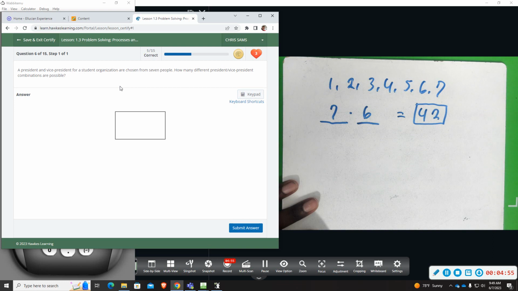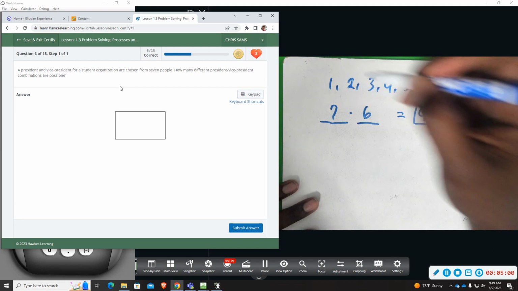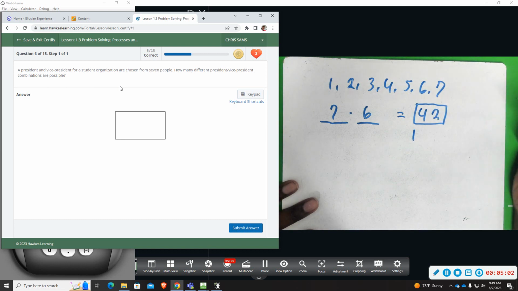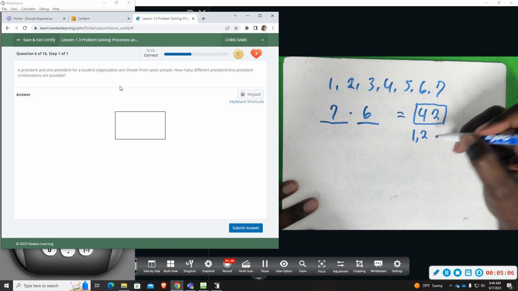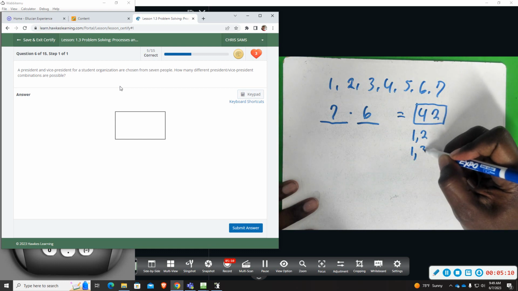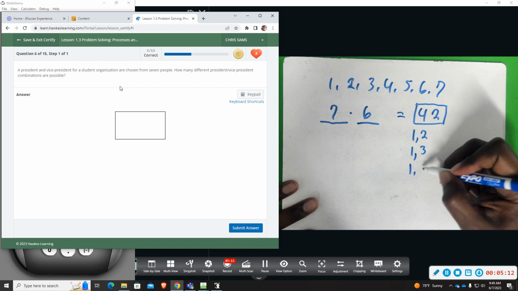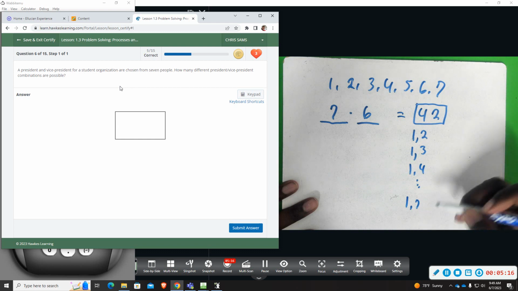That would take some time, but that would basically be the idea of saying, okay, what if person number 1 was chosen for the president, that means I could choose person number 2 for vice president. I could choose 1 for president and person number 3, 1 and 4, so on until you get to 1 and 7.